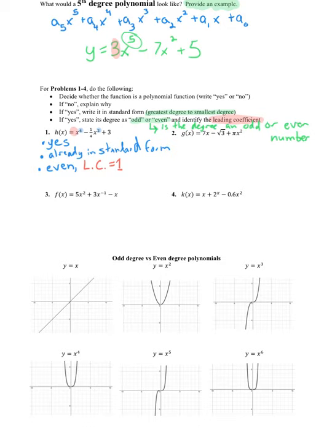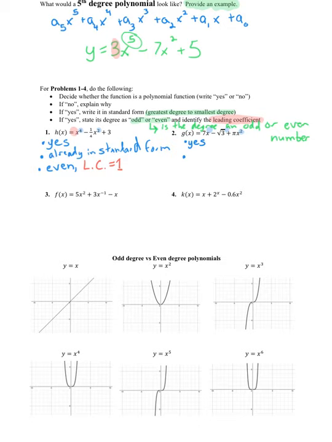Second problem, I see an x to the first power. There's no exponent there. This looks like a constant term, x to the 0 power. And then I see an x squared. So this one is also a polynomial. Sure is, just looking at those exponents. Write it in standard form.